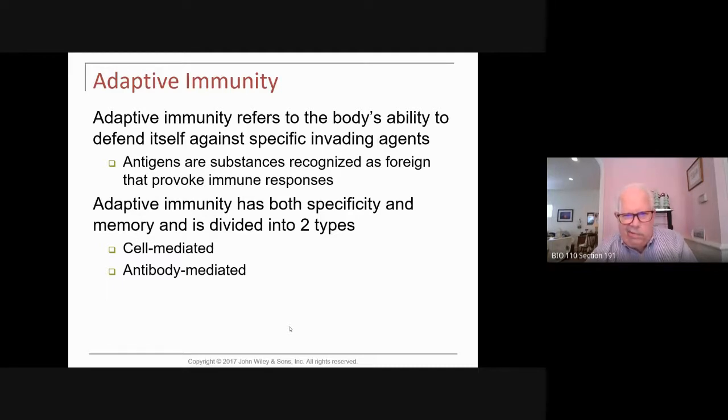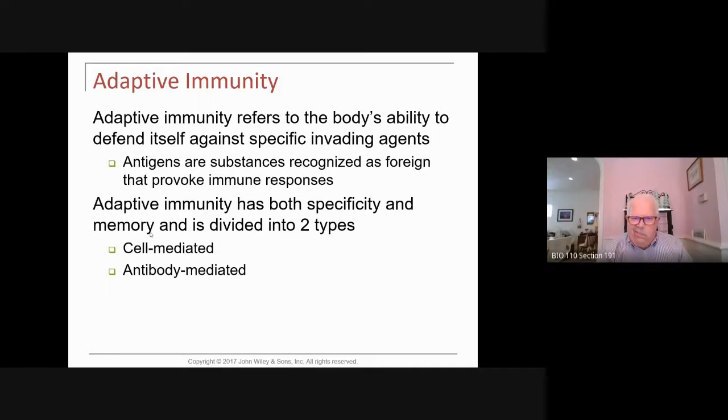A foreign substance that will provoke an immune response is known as an antigen. The body's response to the antigen is known as an antibody. Adaptive immunity not only has specificity, but it also has memory. This specificity and memory differentiates it from innate immunity that you are born with.